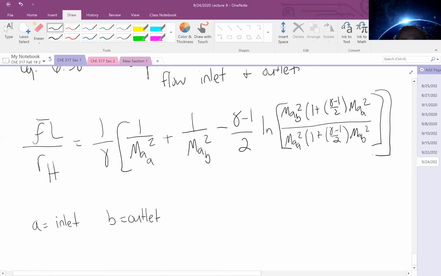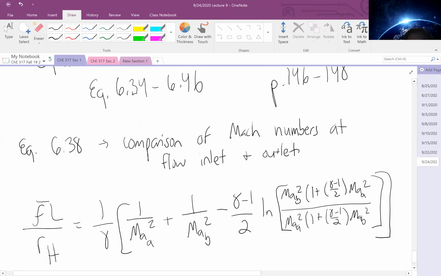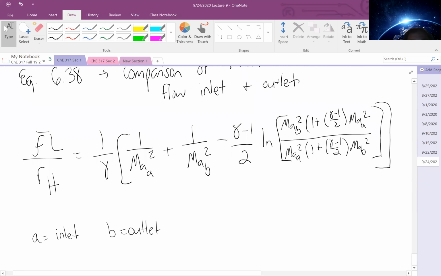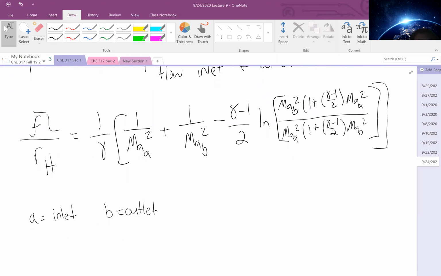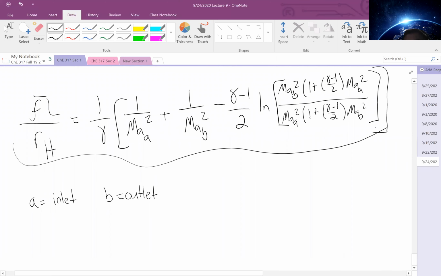So a little complicated to say the least. So why might this expression or comparison of Mach numbers at the inlet and outlet be important?